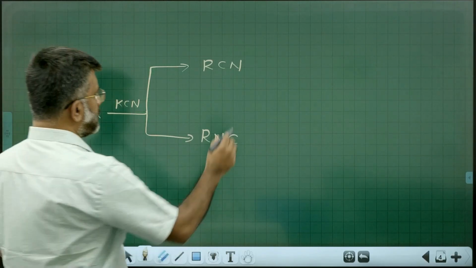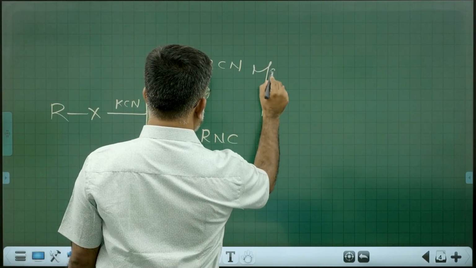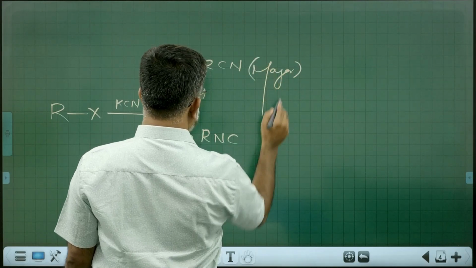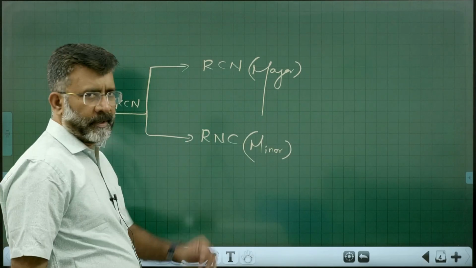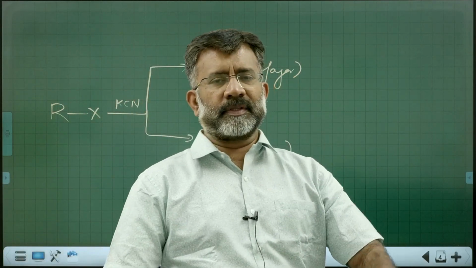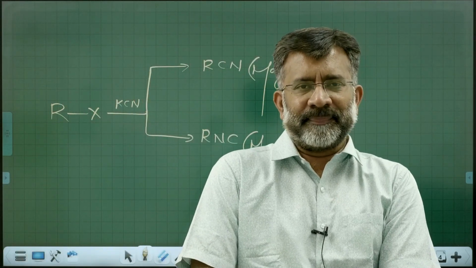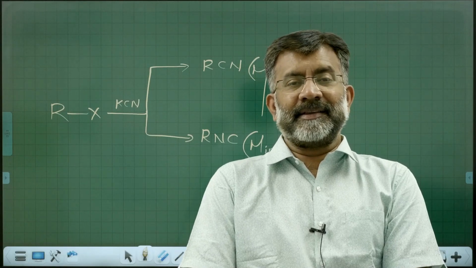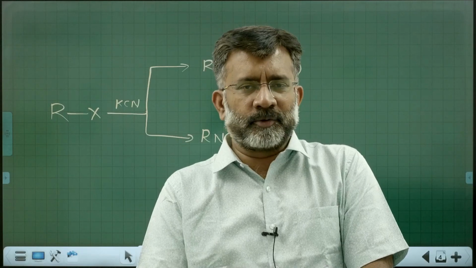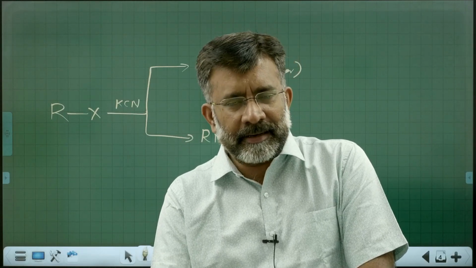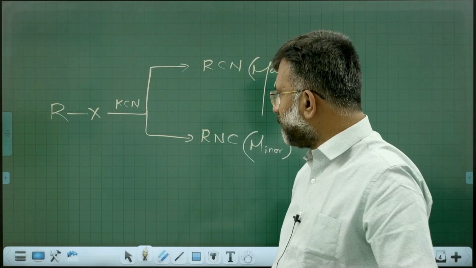RCN stands as the major product, and RNC will be only the minor product. So when KCN reacts with alkyl halide, RCN is the major product, which is only commented on in the NCERT, but in fact you get 2 products, RCN and RNC, right?